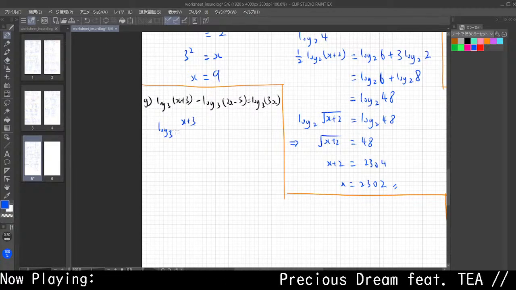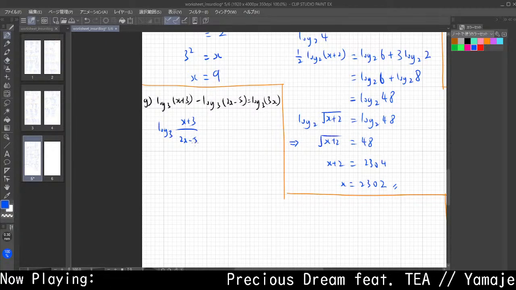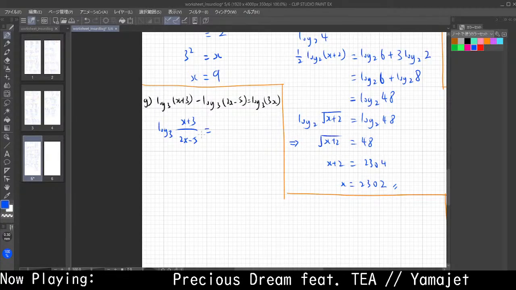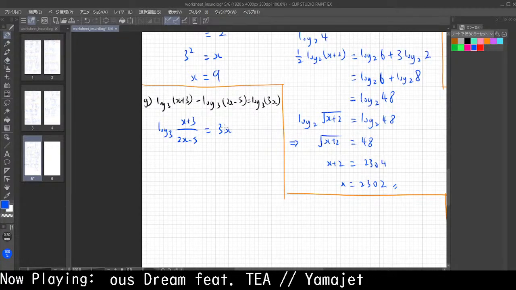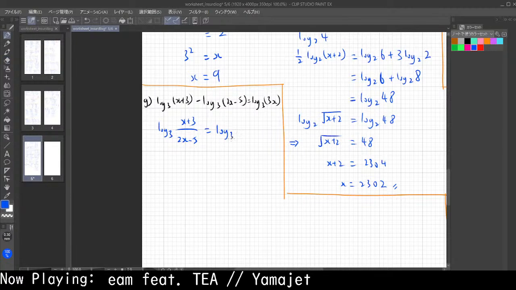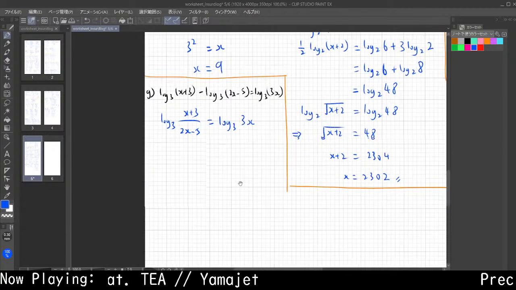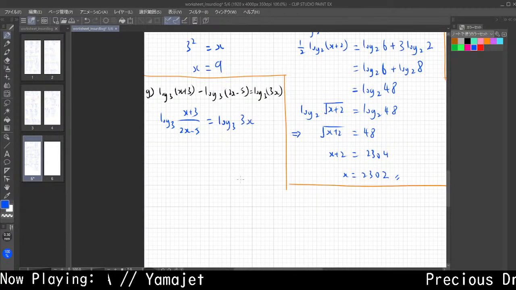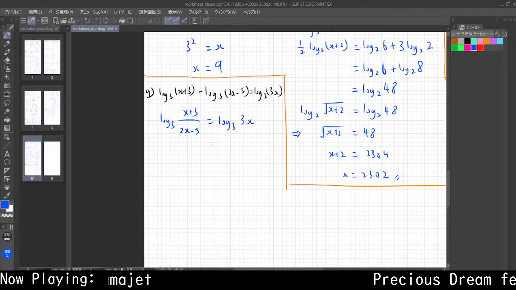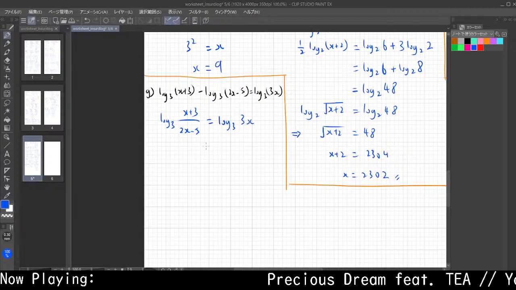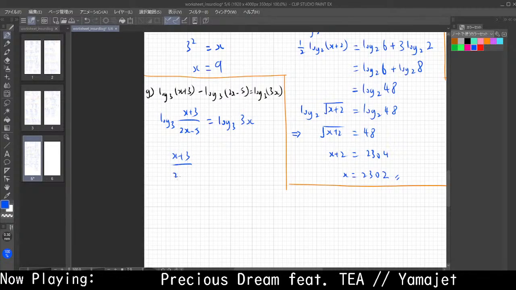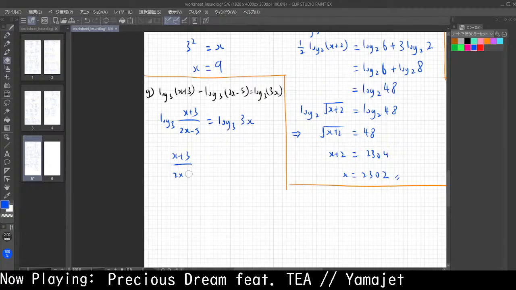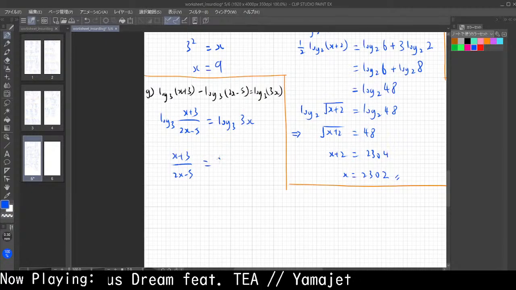Sorry. It is equal to log base 3 of x. Then log and log the same, base the same, both sides same. So your x plus 3 over 2x minus 5 will be equal to 3x.